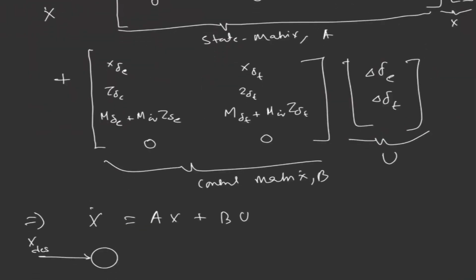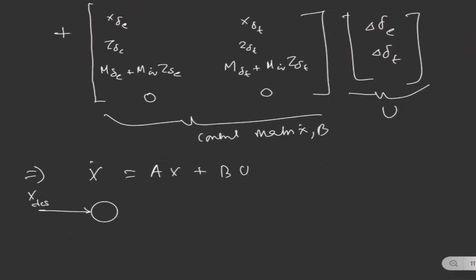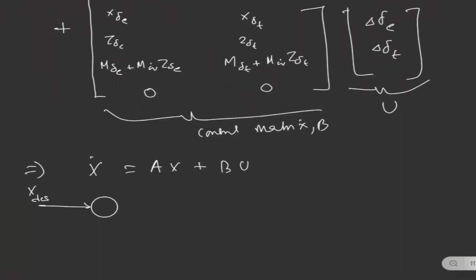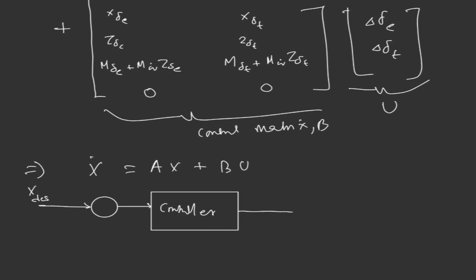For example, if you consider 0, 0, 0, because these are perturbation variables, we can assume the desired values should be 0. Here we have the control algorithm, basically the controller, which gives the desired control input to the plant.